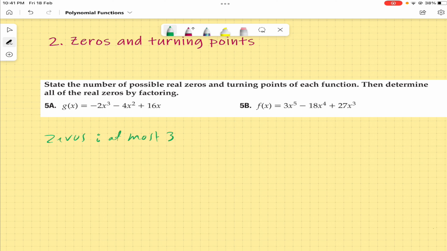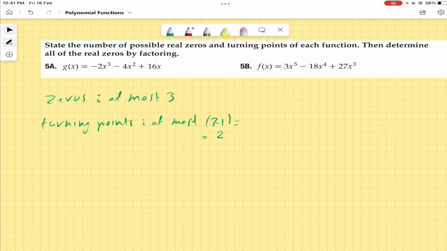So at most this function has 3 zeros. The turning points, it is the same as the degree minus 1. So 3 minus 1. So it has 2 possible turning points.